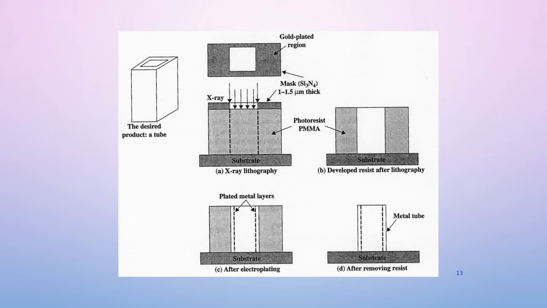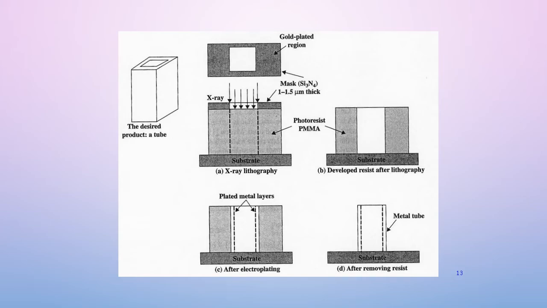Okay, so then lithography is performed on this area, so you will get the mold like this one. Okay, so then by using this one, electroplating is performed, and then after you remove the resist, you will get this metal tube.